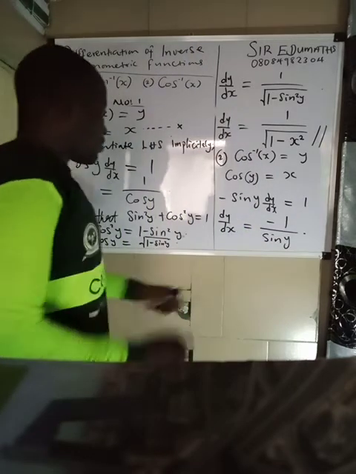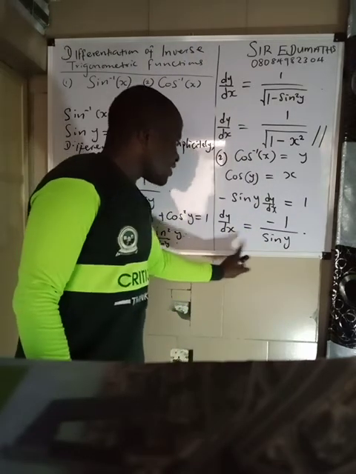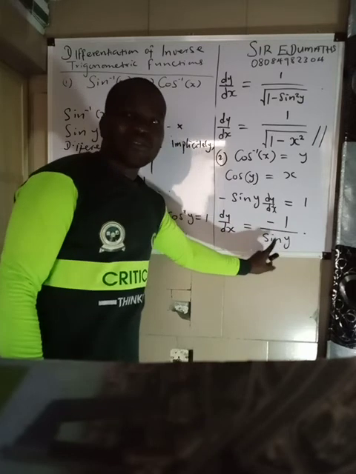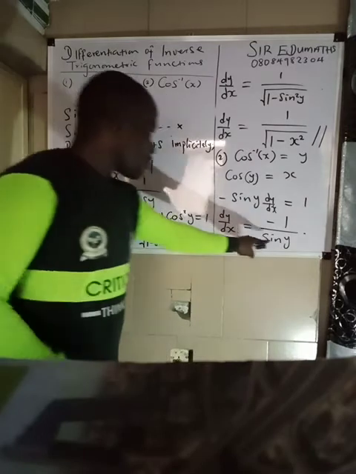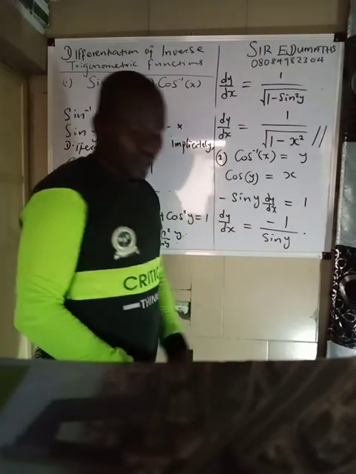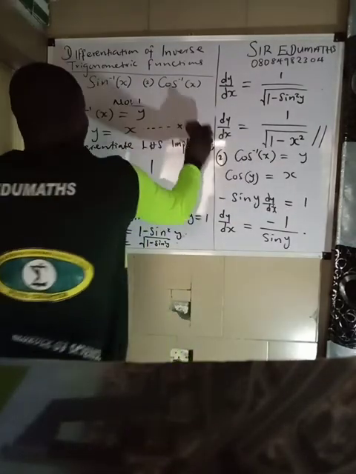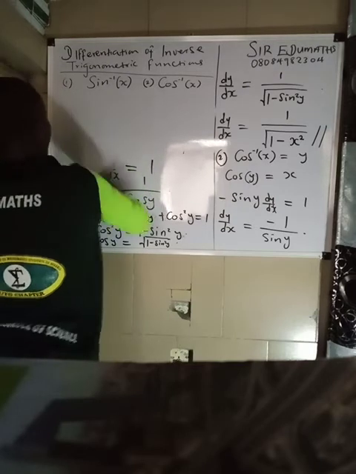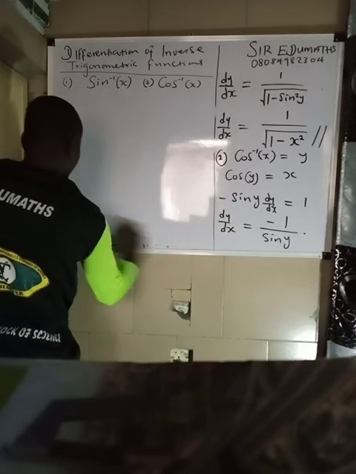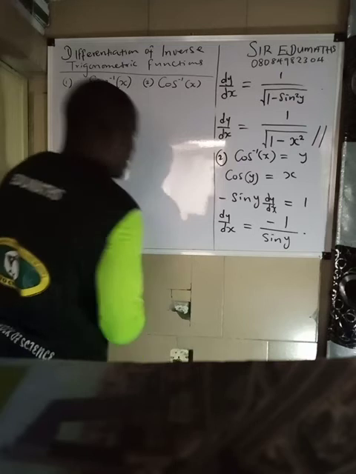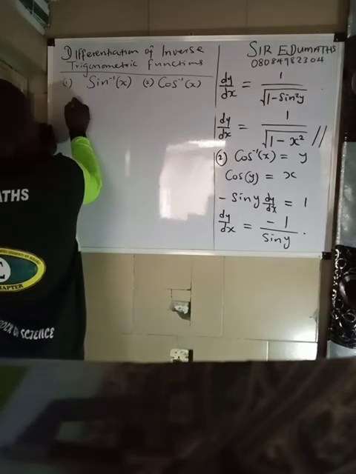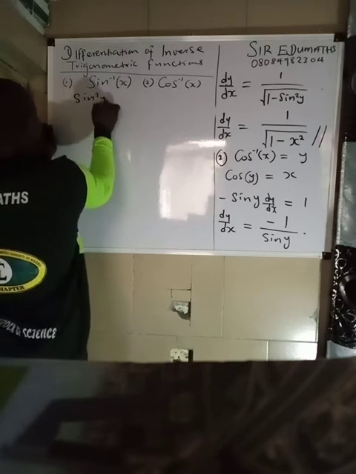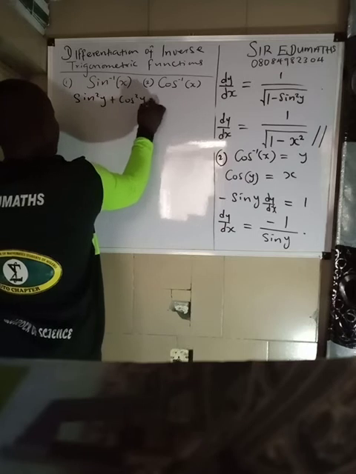Okay? So we are supposed to stop here because this is dy dx, but here the right hand side is not a function of x. So we use the same trig identity to convert this in terms of x. Now, from that identity, we have that sine square y plus cos square y equals 1.